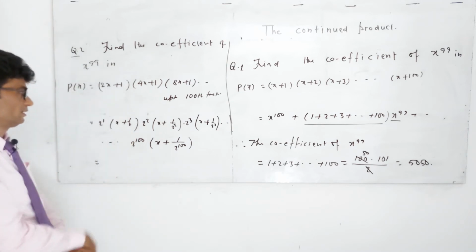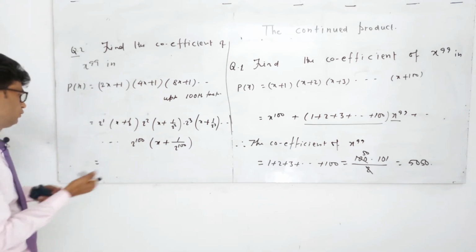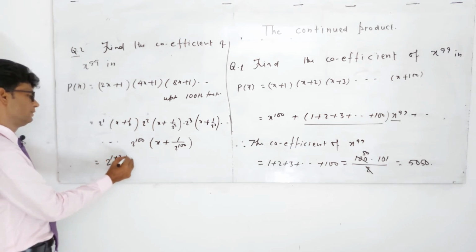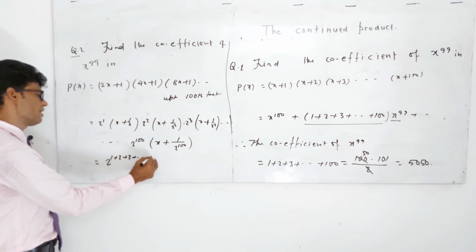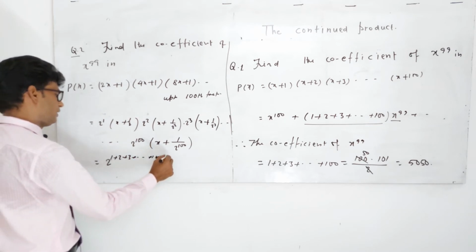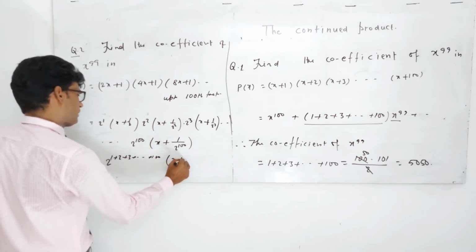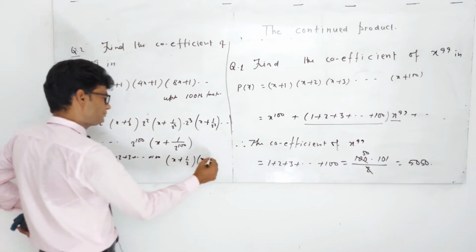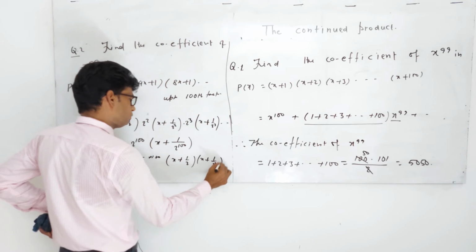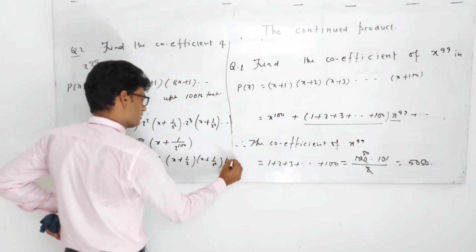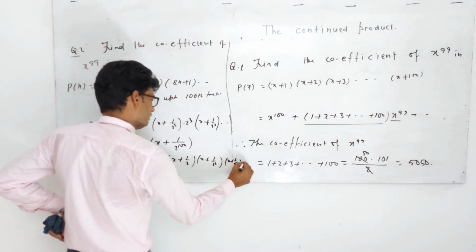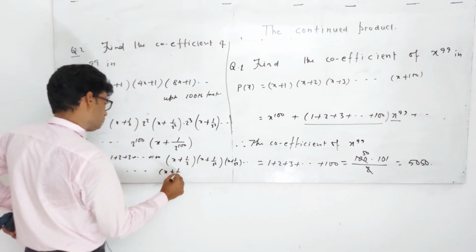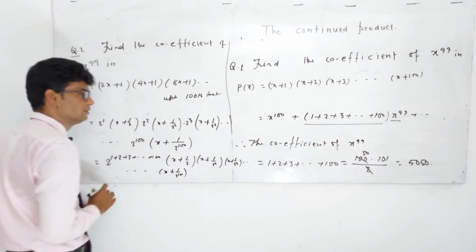So here they are multiplied together, so we are able to write 2 to the power of 1 plus 2 plus 3 dot dot dot plus 100. Now x plus 1 by 2, x plus 1 by 2 to the power of 2, x plus 1 by 2 to the power of 3, and so on and so forth, x plus 1 by 2 to the power of 100.